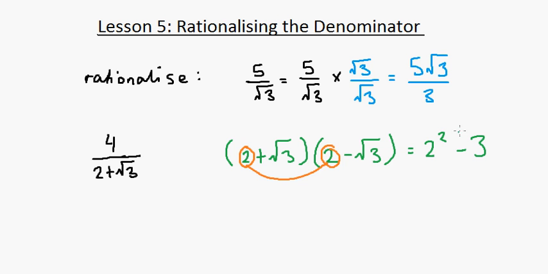Now, why do we say 2 squared minus 3, which of course equals 1, because 4 minus 3 is 1?